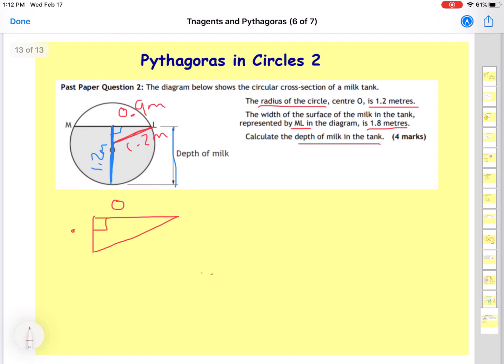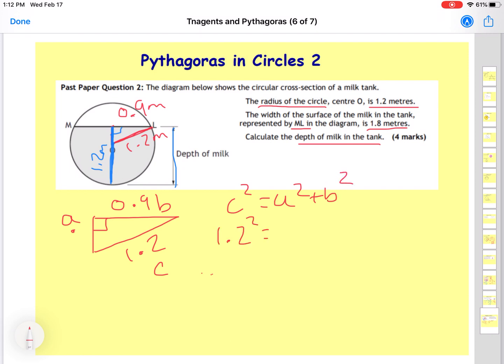So this triangle had the numbers 1.2 and 0.9. C was 1.2. I'll say B is 0.9 and A is the one that's missing. So C squared equals A squared plus B squared. 1.2 squared equals A squared plus 0.9 squared. Let's rearrange that.